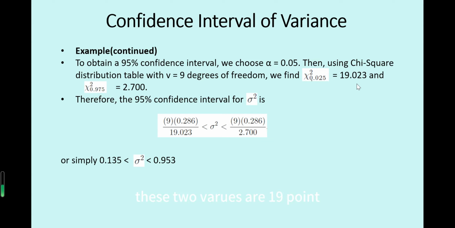These two values are 19.023 and 2.7. So the 95% confidence interval for the population variance is about 0.135 and 0.953 for the lower and upper bounds, after we have filled in all the items in the formula.